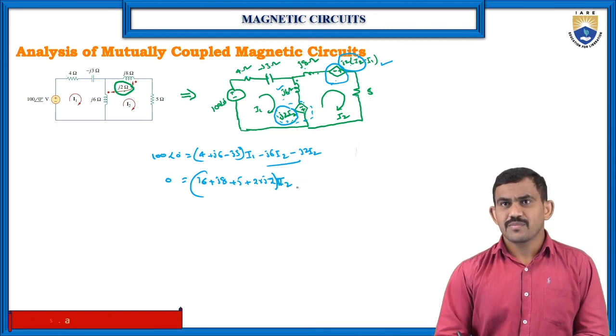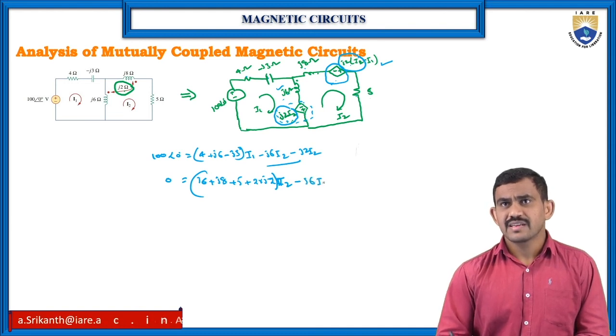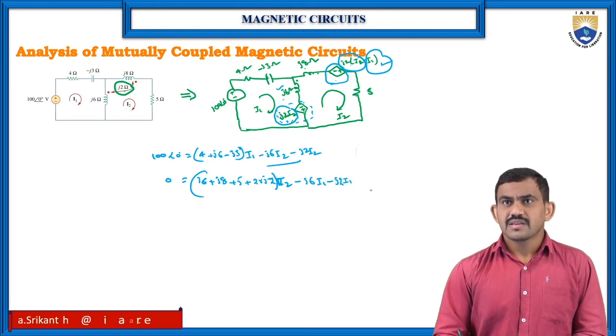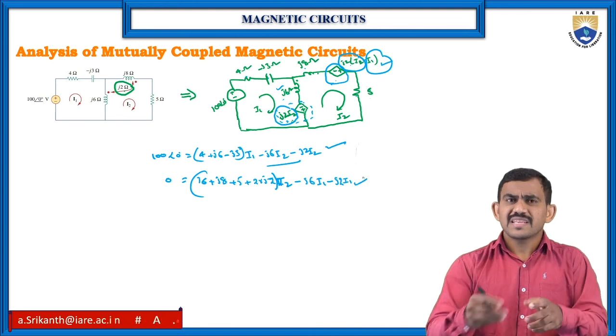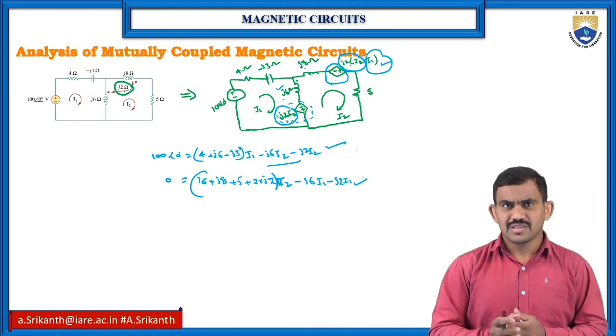And for 6J we have minus J6 I1, and here minus J I1. This is the loop 2 equation.